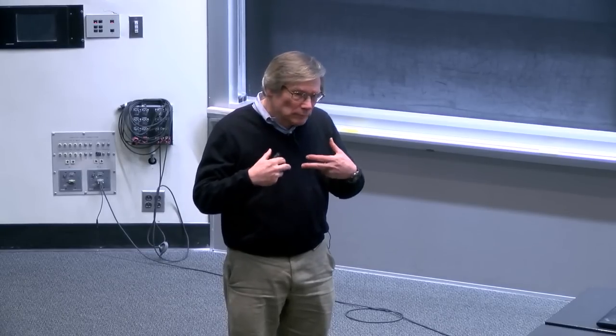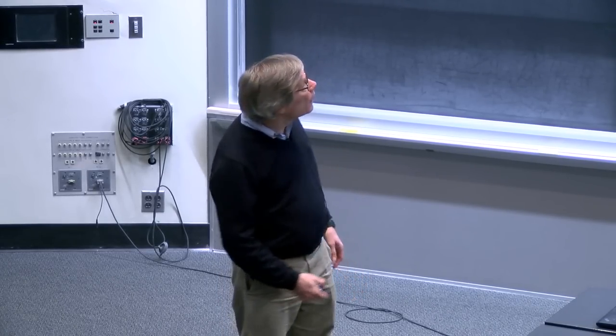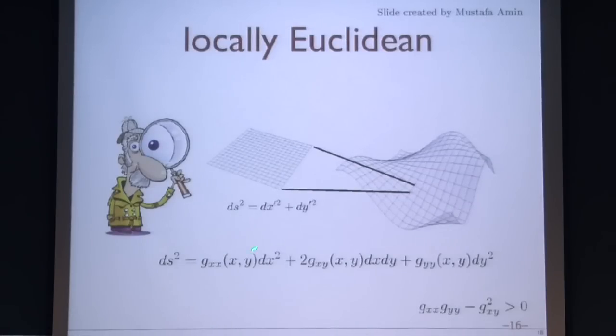And mathematically speaking, the way to introduce enough assumptions to validate that conclusion is to assume that the local distance function is a quadratic function of this form.